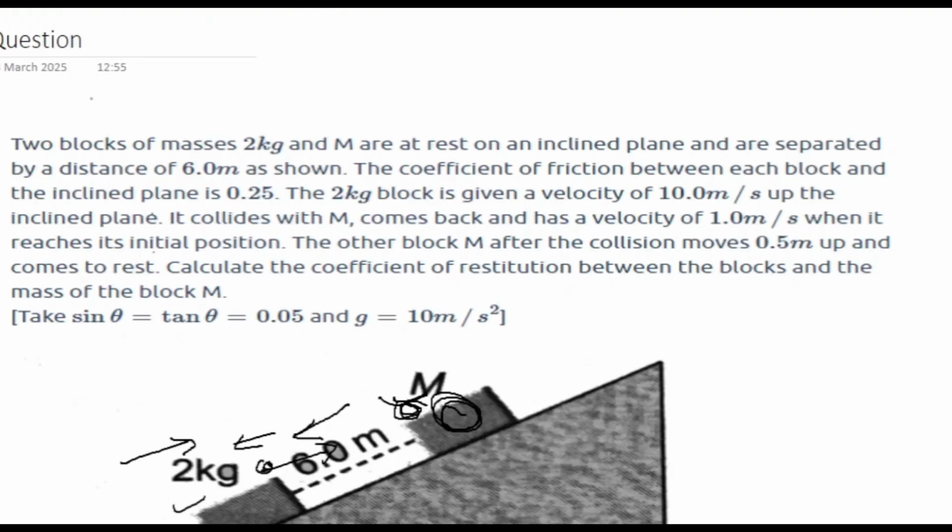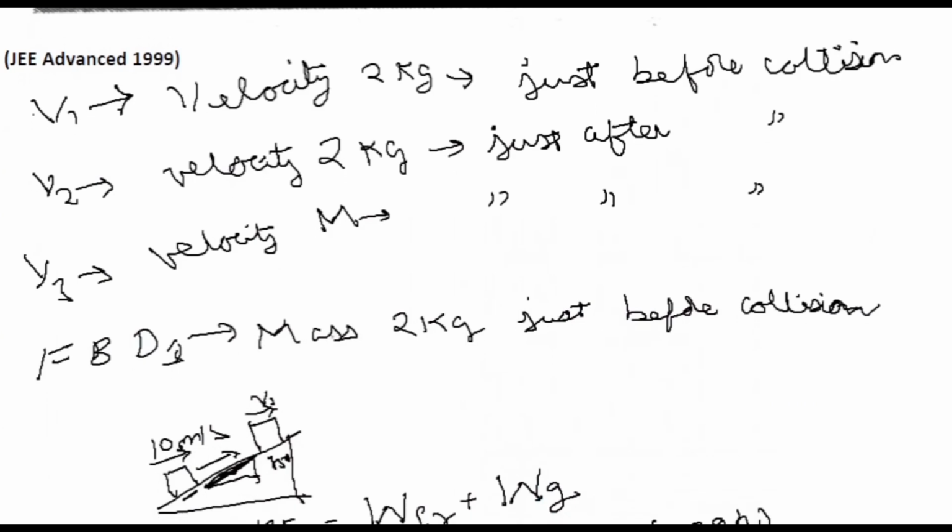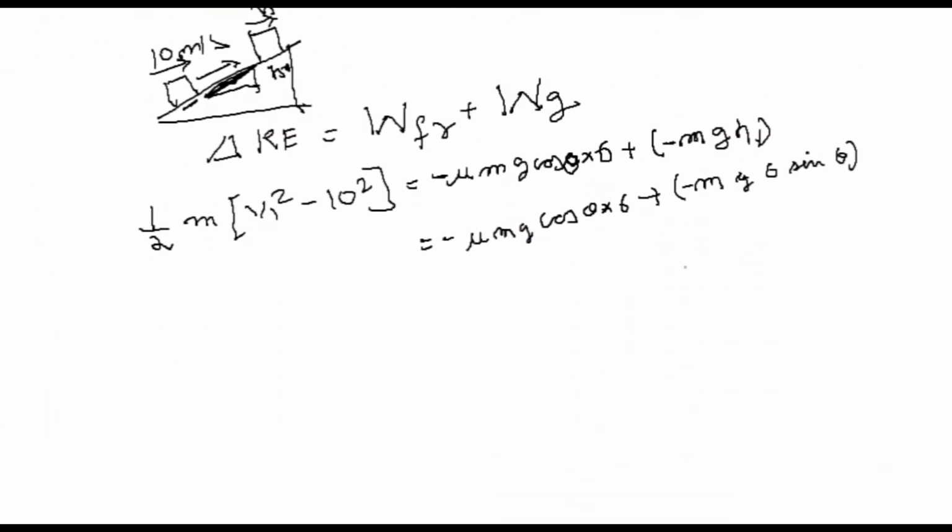In the question we are given sin theta equal to tan theta equal to 0.05, and g we consider as 10 meter per second square. So we are given the value of theta, the value of g, the value of small m, and the value of mu.